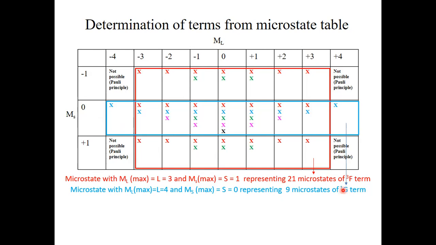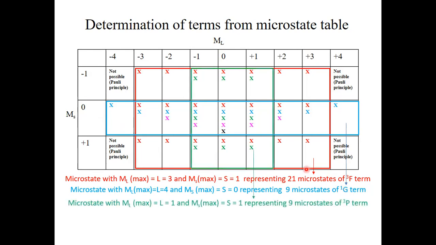Okay, so now what other boxes can we draw using the microstates that we haven't considered yet? And the next box that we can draw also contains 9 microstates, and it's actually this box here, the green box, and you see the 9 associated microstates in them. So what is the term symbol?